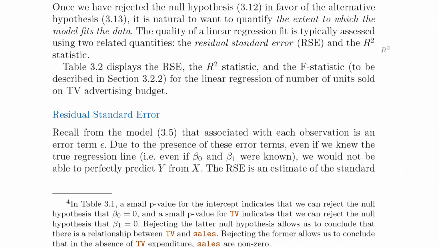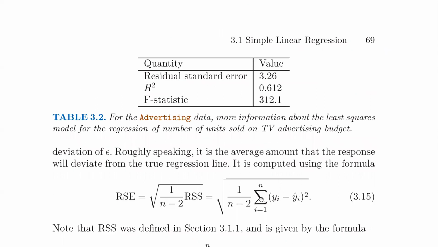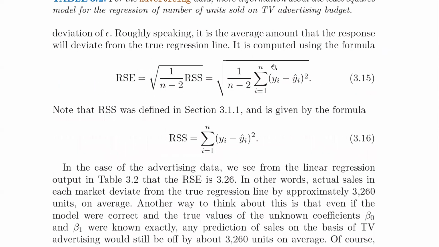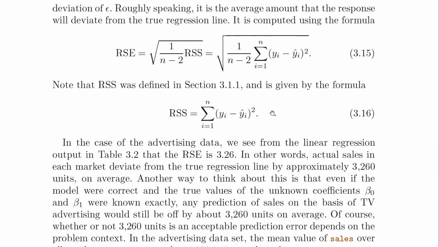Due to the presence of these error terms, even if we knew the true regression line, i.e., even if you knew beta naught and beta 1, we would not be able to perfectly predict y from x.